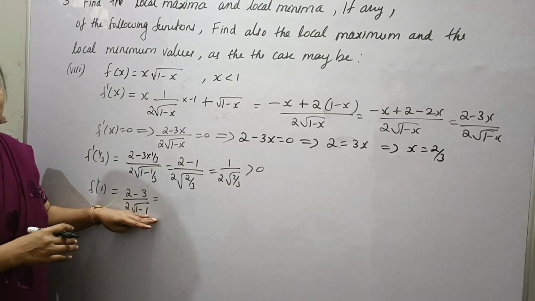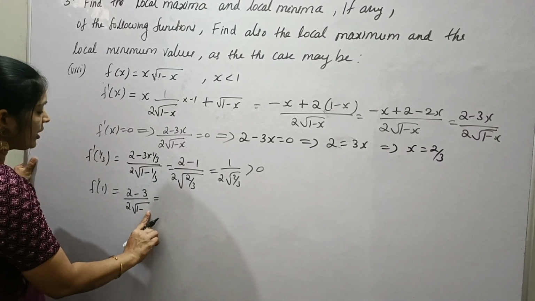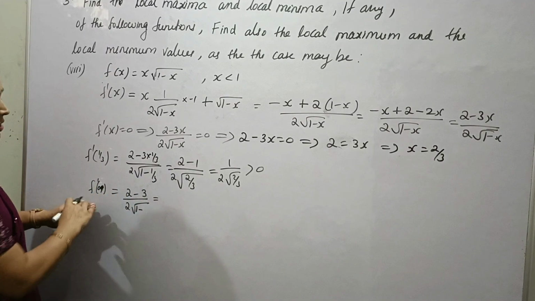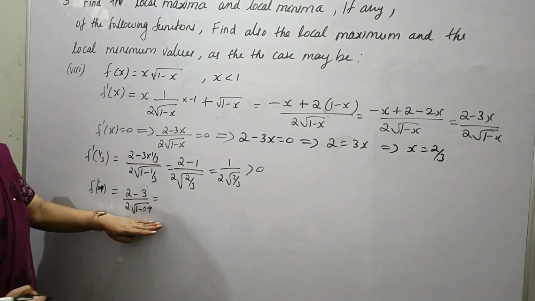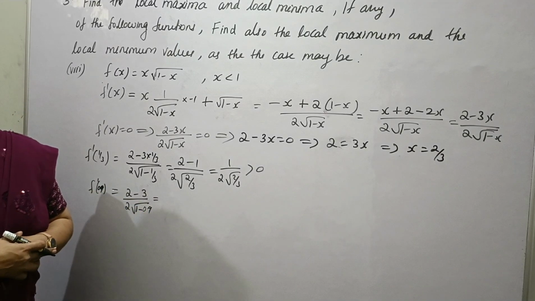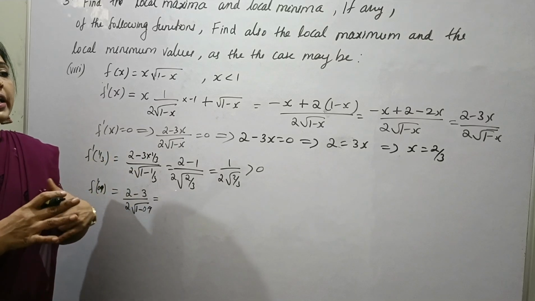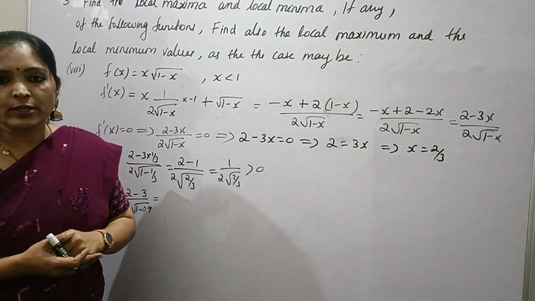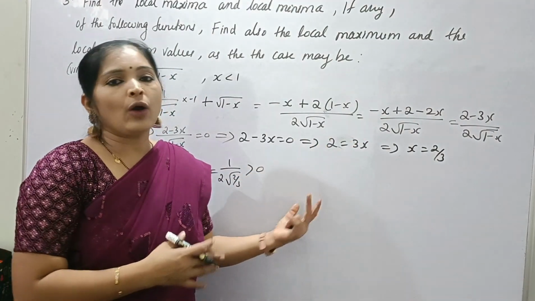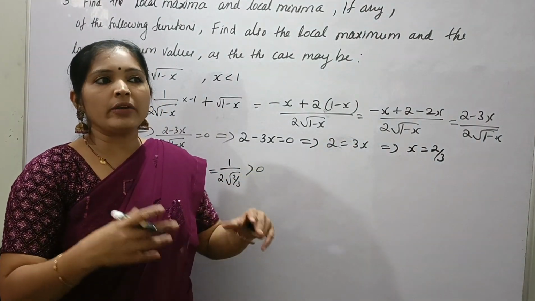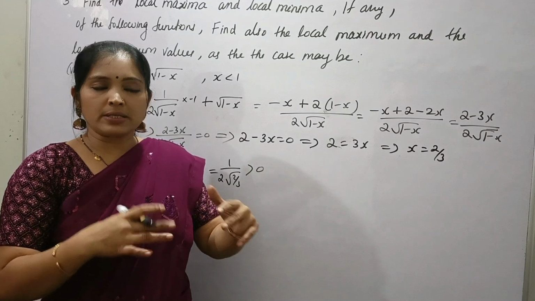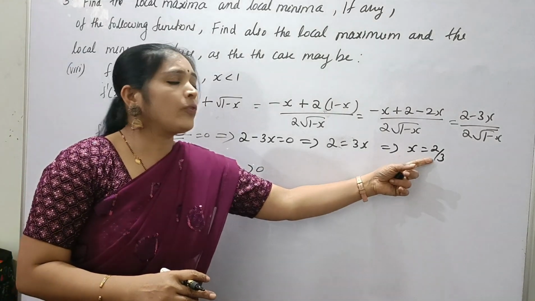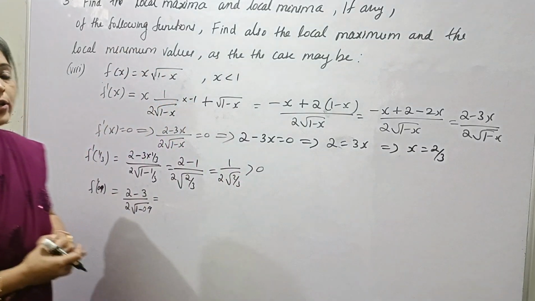Suppose we take 0.9, because we are getting 1 minus 1 is 0. That's why I am telling you, we are taking values very close to 2 by 3, less than 2 by 3 and greater than 2 by 3. Less than 2 by 3 we have taken 1 by 3 and greater than 2 by 3 it will be 3 by 3, the integer 1. Here we can take 0.9 also, that is also very close to 2 by 3 and greater than 2 by 3.